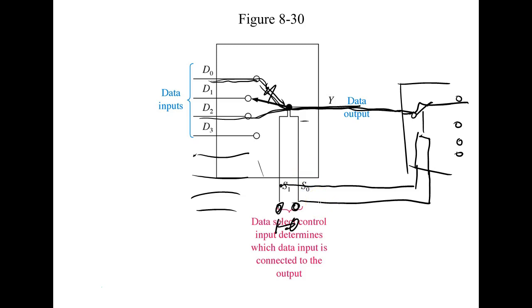I'd be sending a byte of information over 4 wires. So what I've done is I've saved 4 wires. If I add one more select bit, that means I'm multiplexing 16 signals, right? You understand that? 16 signals on 5 wires.